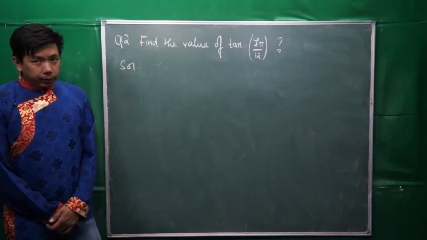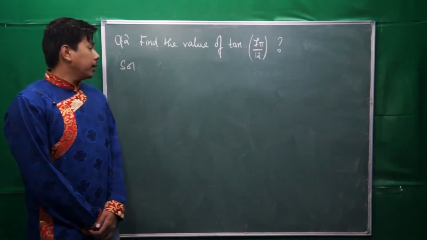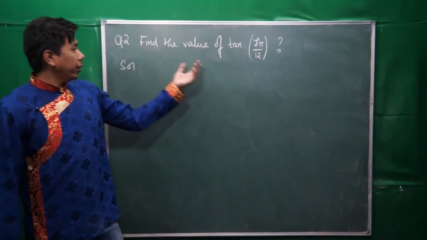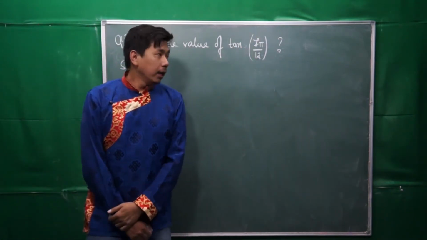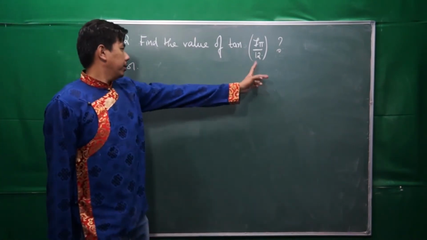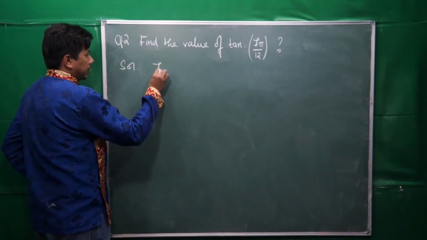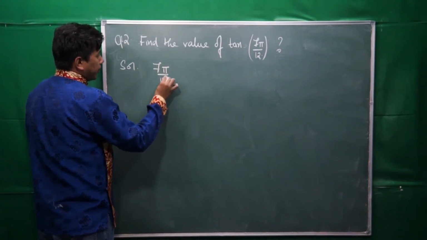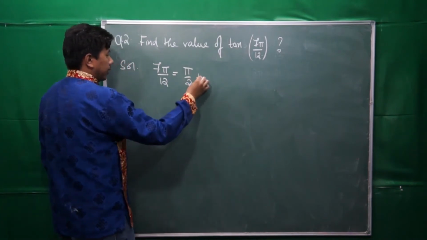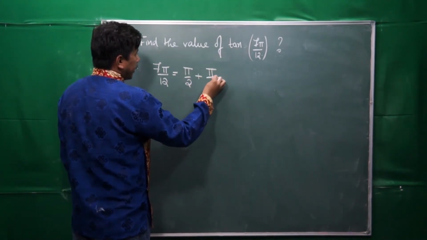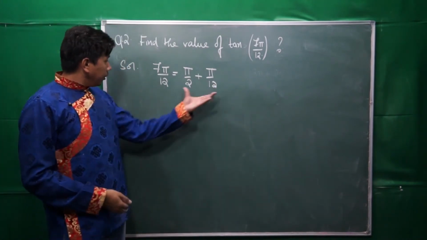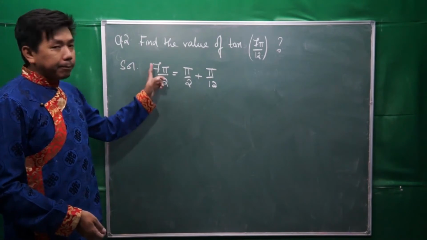Likewise, we have another question, as we did in the earlier class about cos pi by 12, and in the same way we are going to solve tan 7 pi by 12. Now to solve 7 pi by 12, you got to focus on this value. I'm going to break this 7 pi by 12 into two parts, where the first part is going to be pi by 2 and the next part is going to be pi by 12. If you solve this and simplify it, you're going to get 7 pi by 12 again.